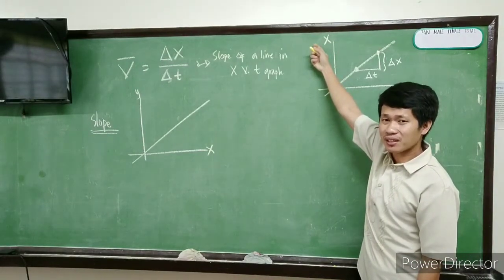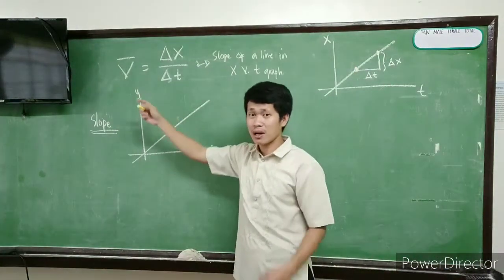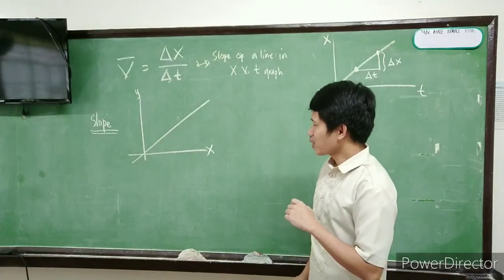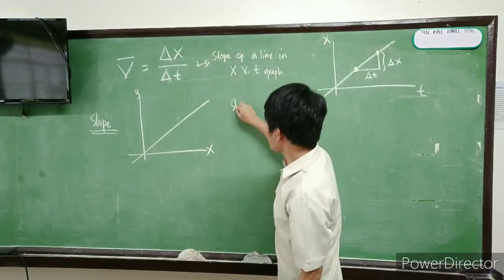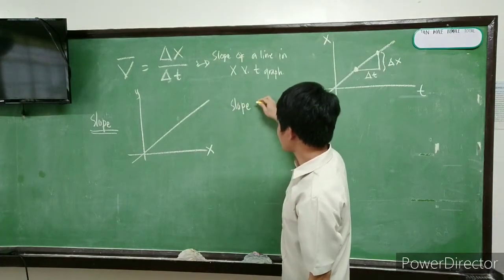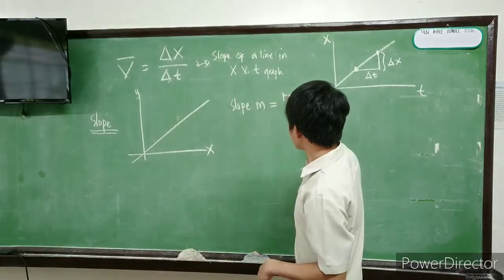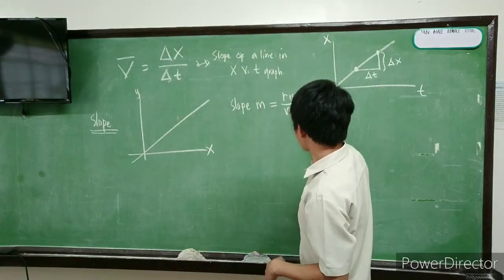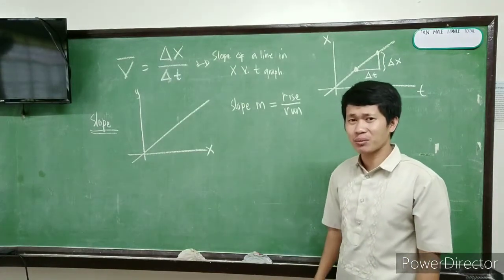Position kasi yung x dito. Position versus time. Baka malito lang. Okay, so, what is the slope of this line? Yung slope nito, which is m, kung naalala nyo, sabi ng teacher nyo, is rise over run. Right? But what exactly is rise over run?